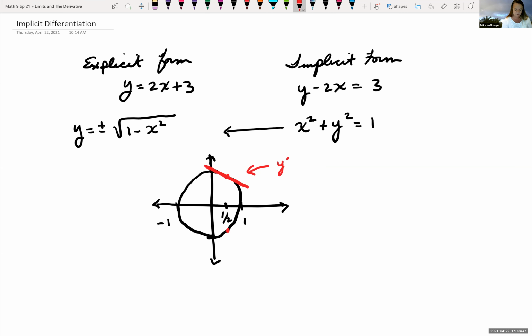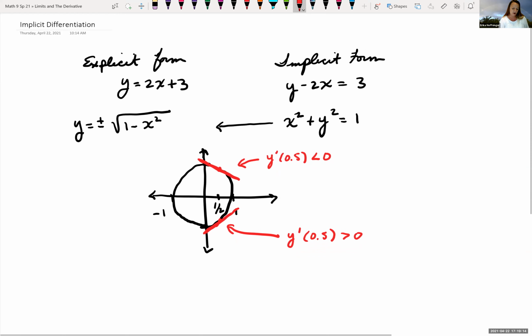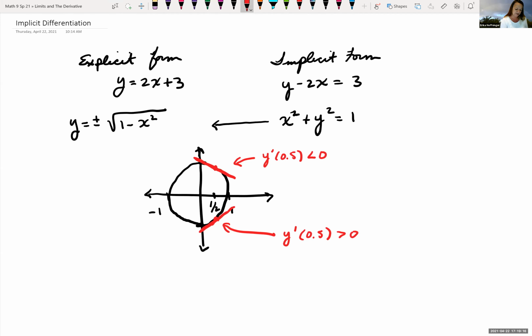So y prime of 0.5 is less than 0. And if I did this here and I drew the tangent line, I also have that the derivative at 0.5 is greater than 0. So it might let you know which point they're talking about if they're asking you to find it at a particular value, and it's not a function.